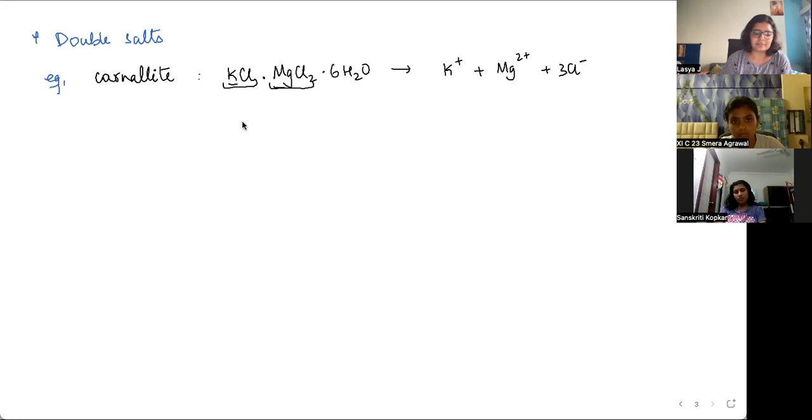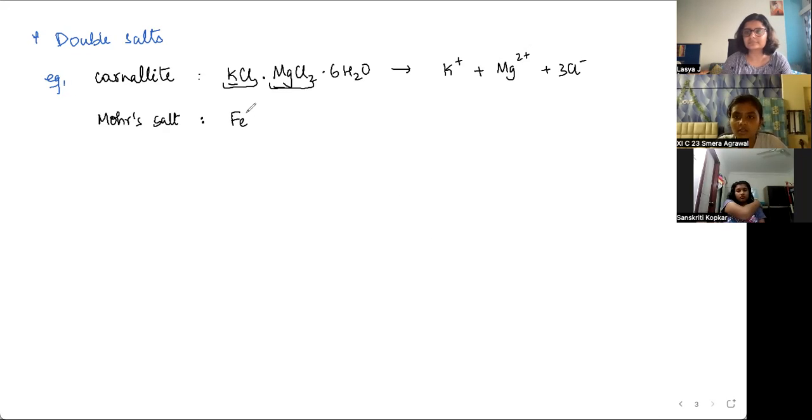Okay. Another example of a double salt, usually used in chemistry for tests and reactions, is called Mohr's salt. This one is made up of iron and ammonia. This is FAS, right?